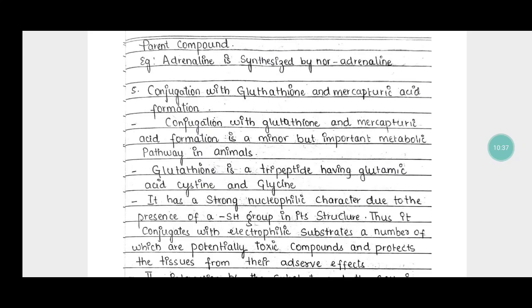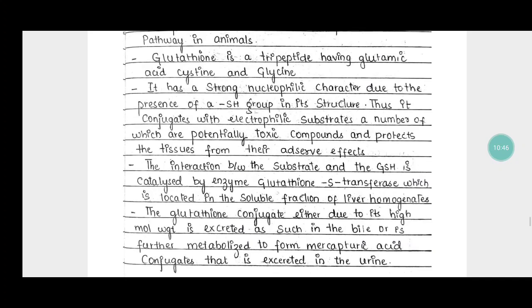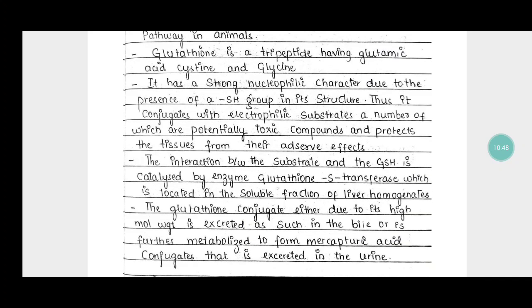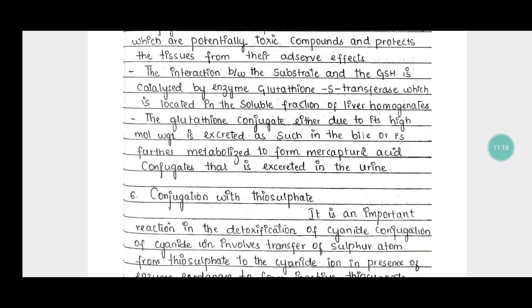Thus, it conjugates with electrophilic substrates, a number of potentially toxic compounds, and protects the tissue from their adverse effects. The interaction between the substrate and GSH is catalyzed by the enzyme glutathione S-transferase, which is located in the soluble fraction of liver homogenate. The glutathione conjugates, due to their high molecular weight, are excreted as such in the bile or are further metabolized to form mercapturic acid conjugates, which are excreted through the urine.